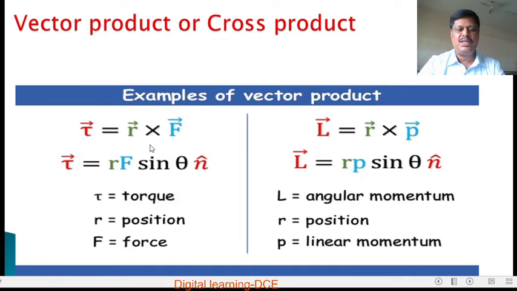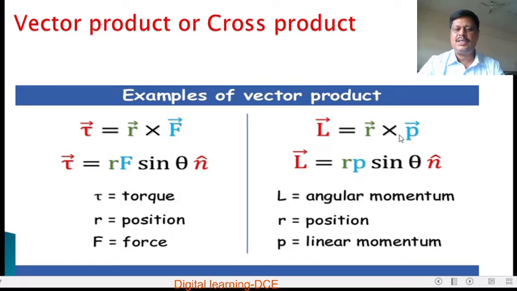If you multiply the two vectors, it gives a vector quantity, that is, torque is also a vector quantity. The magnitude of the torque is given by tau is equal to rf sin theta into n cap. We know that a cross b is equal to ab sin theta into n cap. So r cross f is equal to rf sin theta into n cap. This n cap gives the direction of this torque.